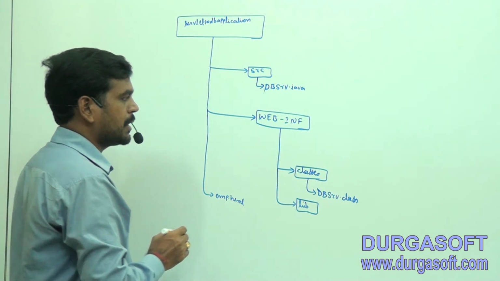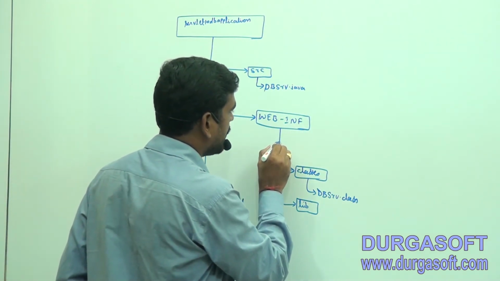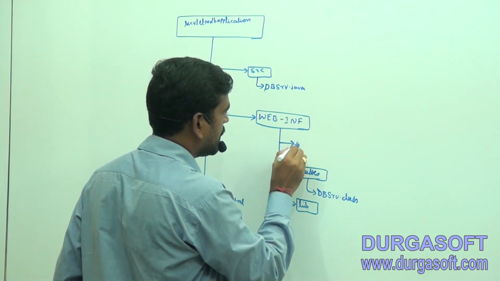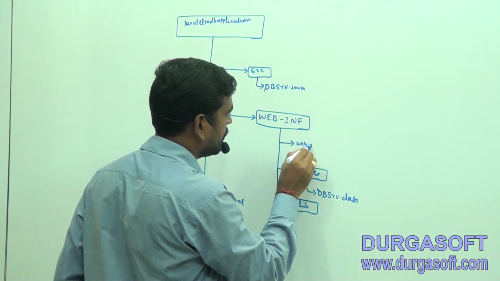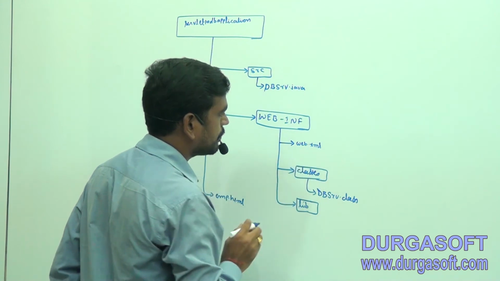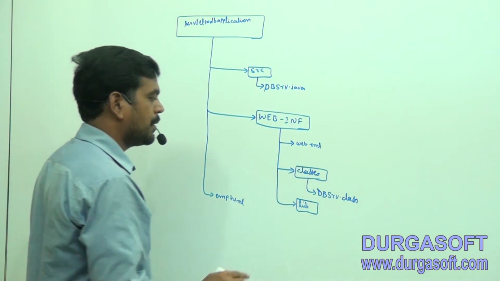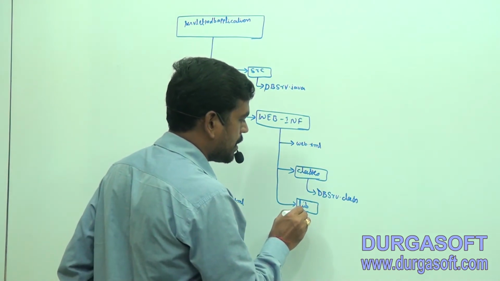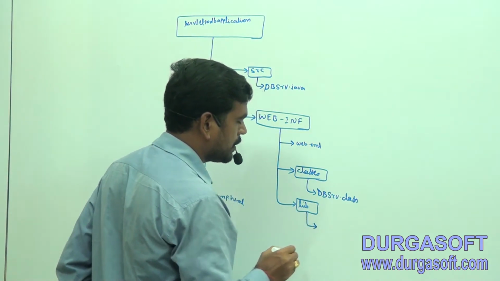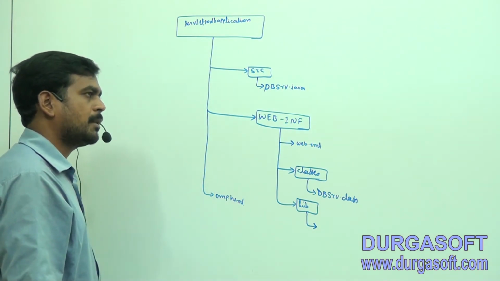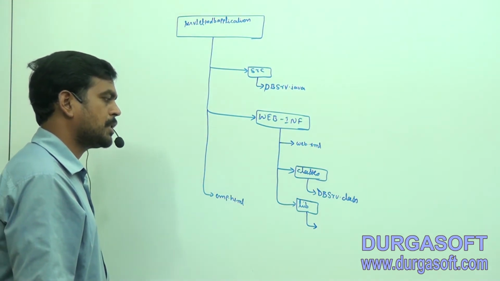The next, after that, WEB-INF. In this WEB-INF folder we have to take web.xml. Then finally, if you want to communicate to the database, we have to use some database related code like JDBC code.